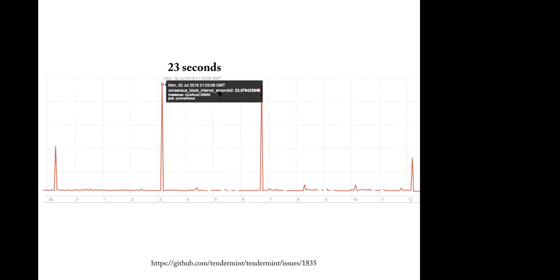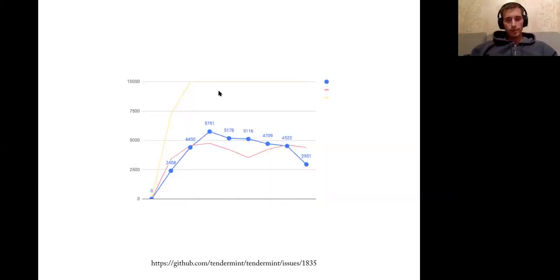Can you tell us what we're looking at on that graph? I think it should be the amount of transactions or something like that. I don't remember actually. Yeah, I think it's a number of transactions per block given constant load, like say 5,000 transactions per second or 10,000 or something like that.